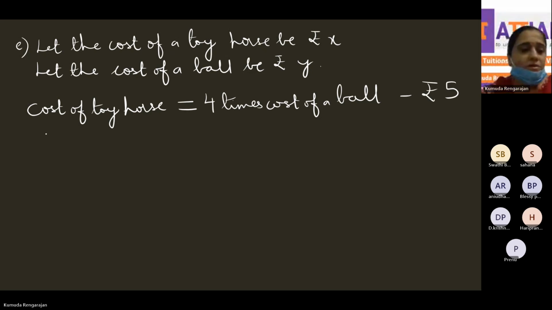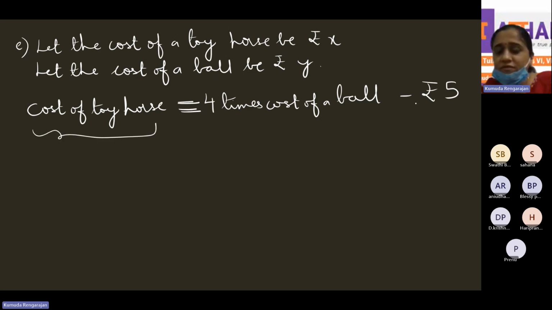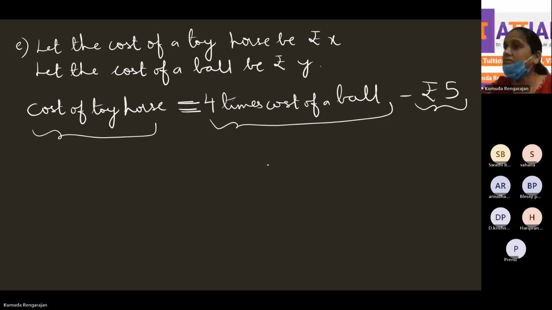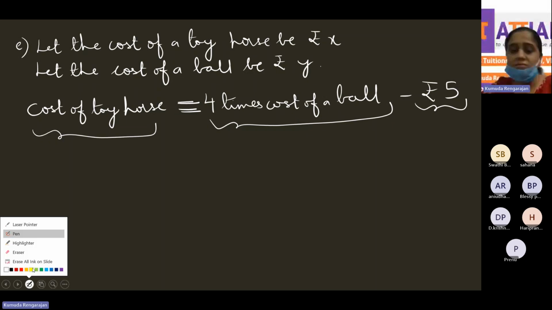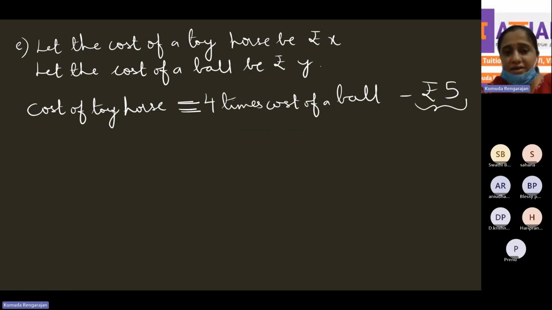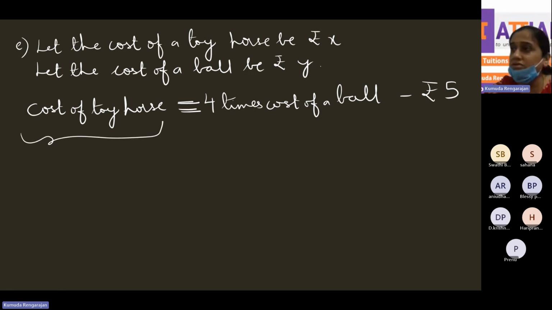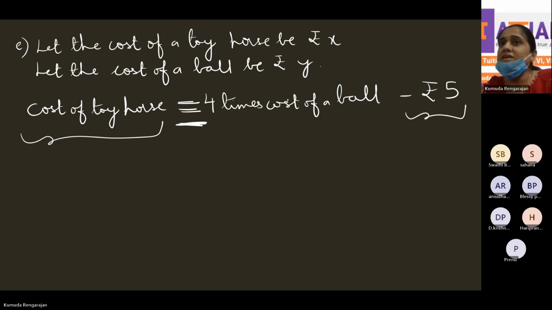Now read this. The cost of a toy horse is 5 less than 4 times the cost of a ball. Correct? So whatever is there in English is converted to a mathematical equation. If you say I got 5 marks less than my friend, it's not 5 minus your friend's mark.